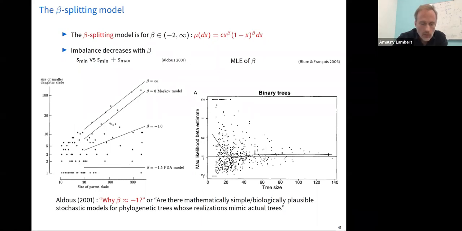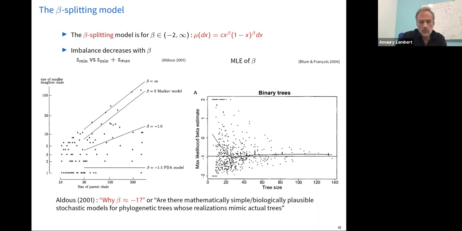The question that still remains up until today, which he asked 20 years ago, is whether there are mathematically simple or biologically plausible stochastic models for phylogenetic trees whose realizations mimic this imbalance of beta close to -1 rather than close to 0.